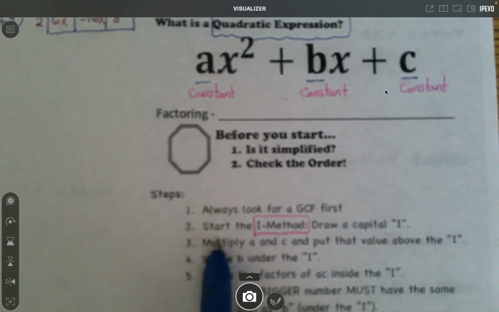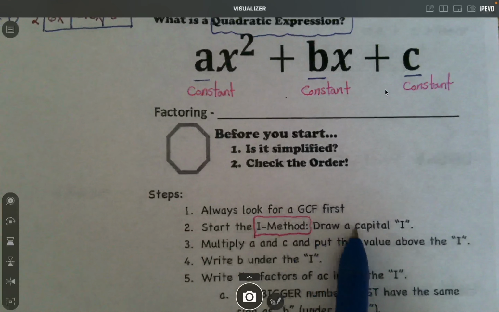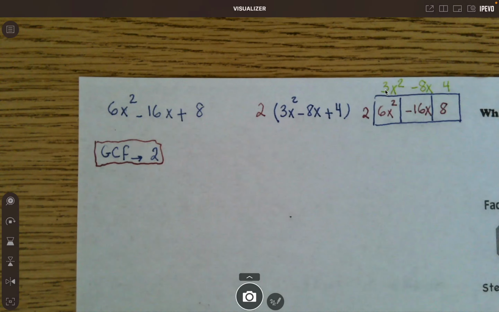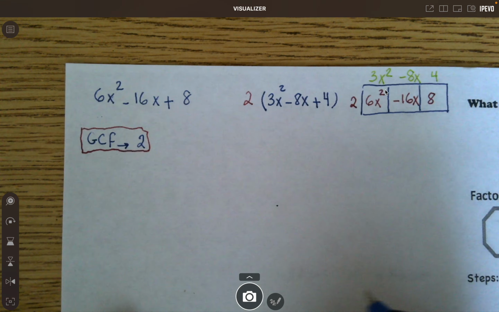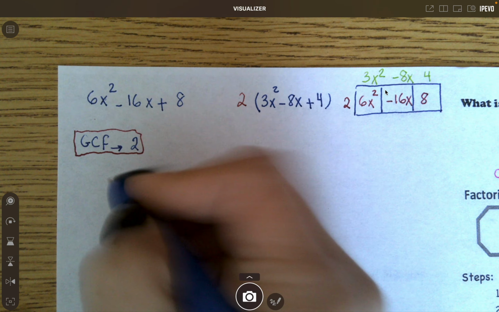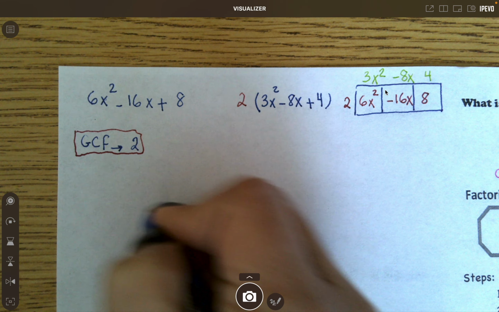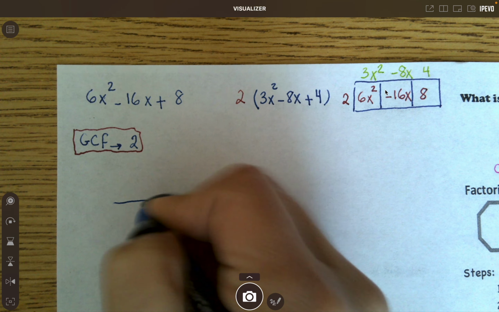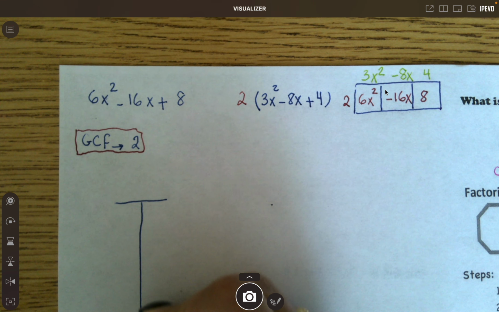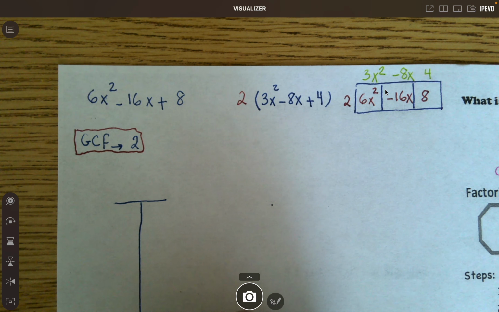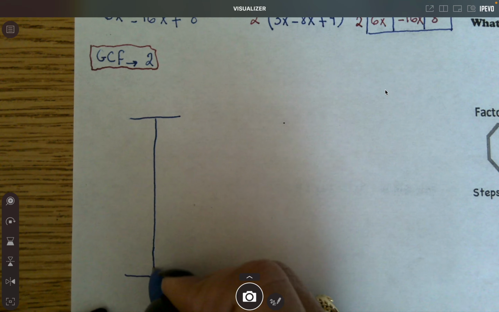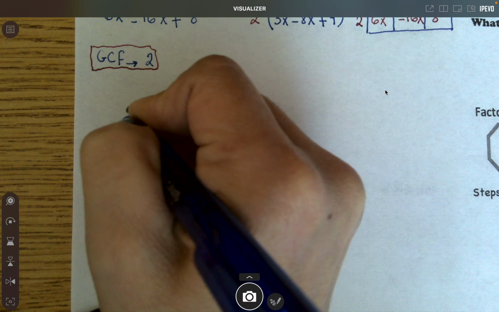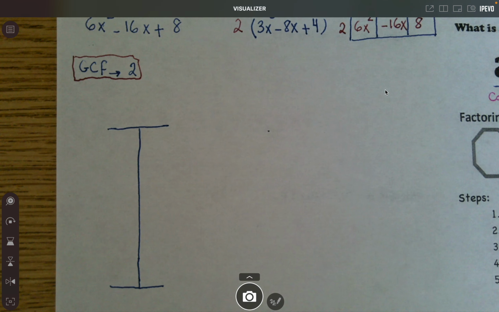Then the second part says start the I method. Draw a capital I. Okay, what does that mean? Let's draw a big I. I'm going to do it over here. Okay?